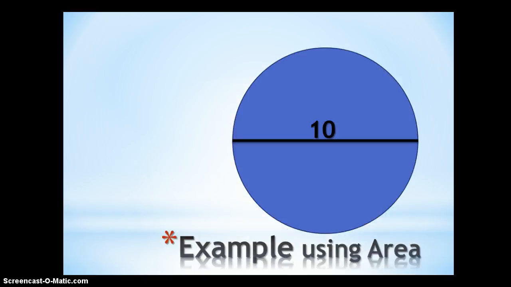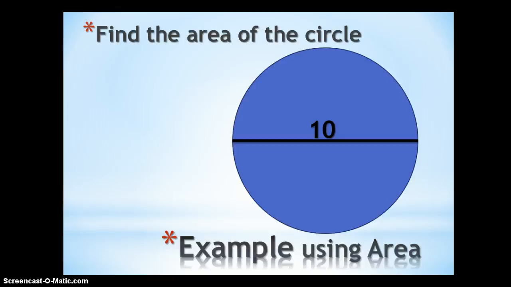So now let's find another area, this time of a circle. So again, still a 2-dimensional object. Here we're given the distance from one part of the circle to the other edge of the circle to be 10 units. Remember, that's the diameter. So that would be 2 radius equals 1 diameter.